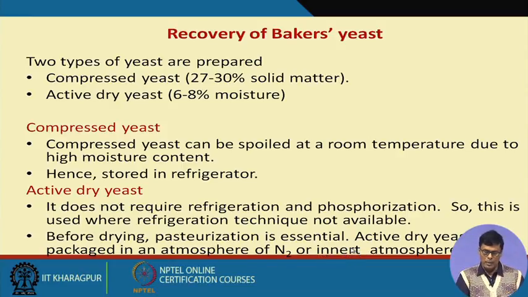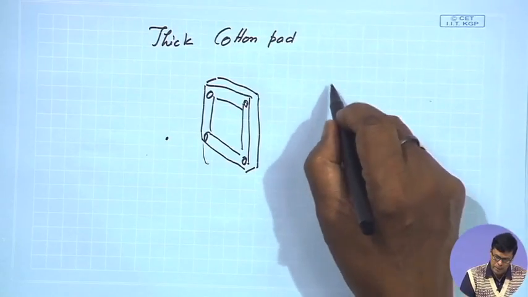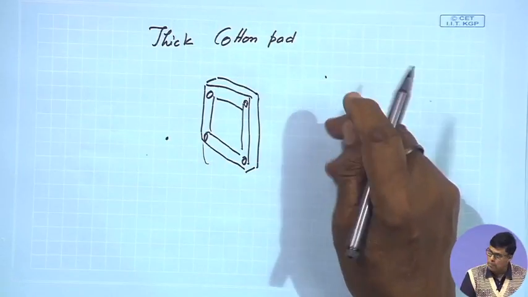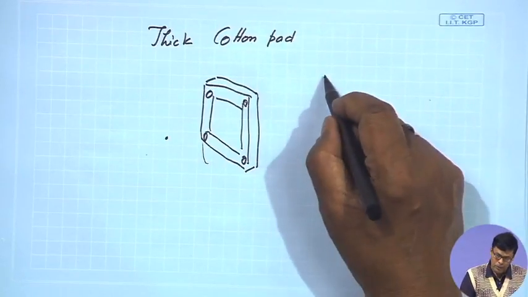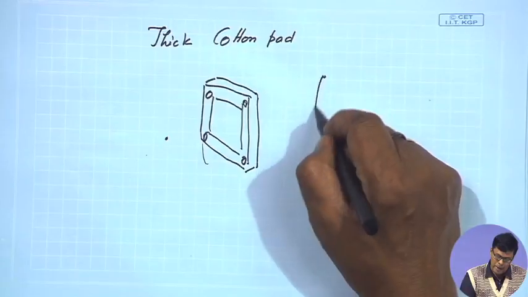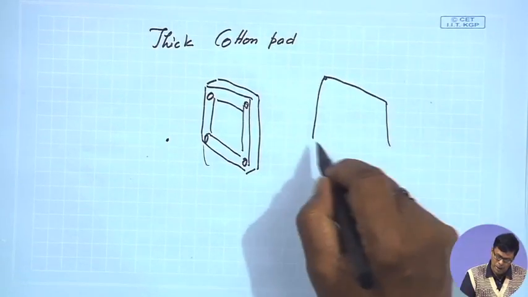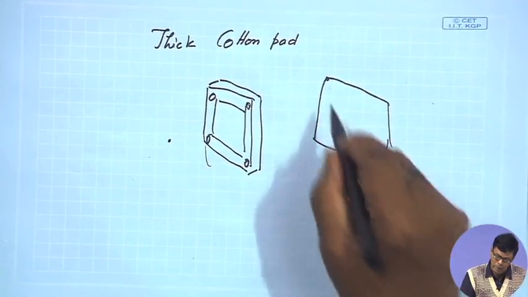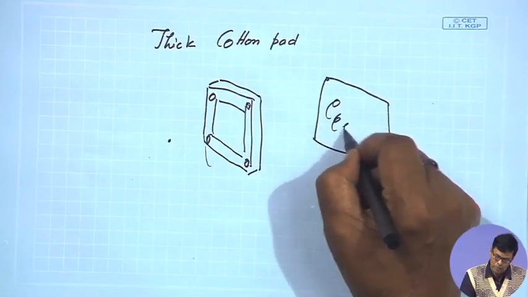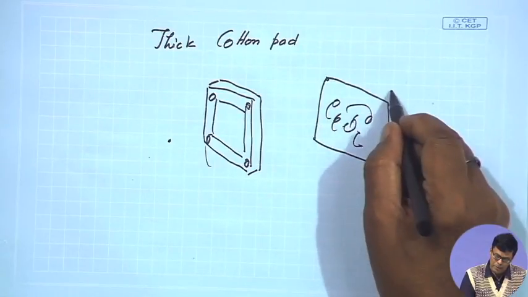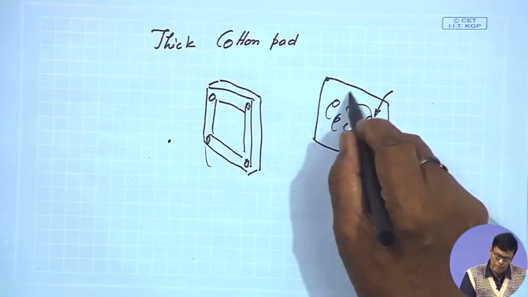Let me tell you that the dry yeast powder is packed under anaerobic conditions. Suppose you have a polythene pouch; when you put the dry yeast in, we pass nitrogen so it is in a nitrogen atmosphere.